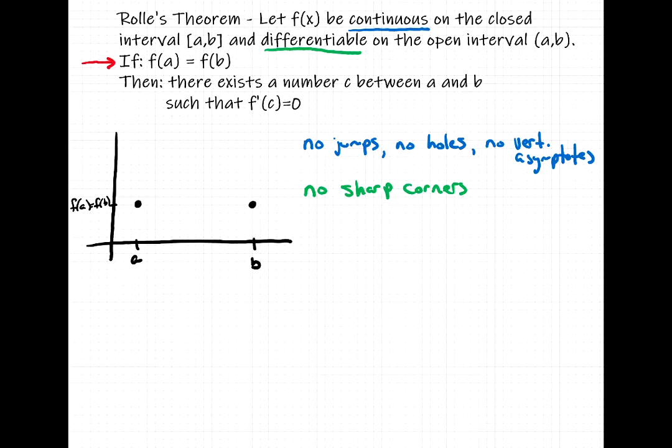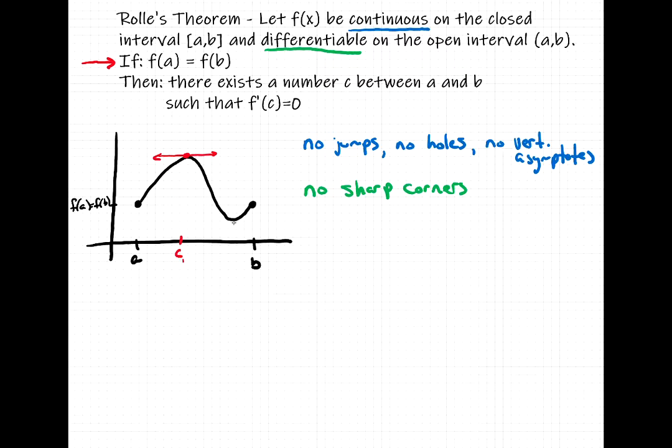And it turns out, no matter how you connect the dots, somewhere, possibly more than one place, there is a horizontal tangent line. And that means the derivative, so there's one value of c, we'll call that c1.